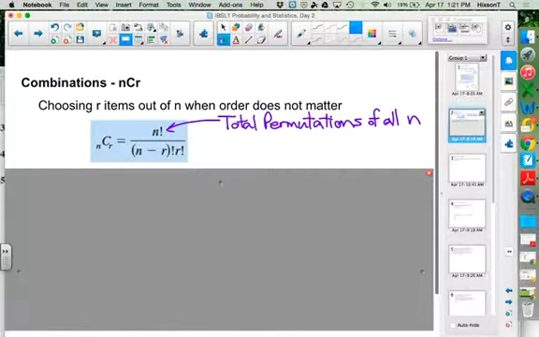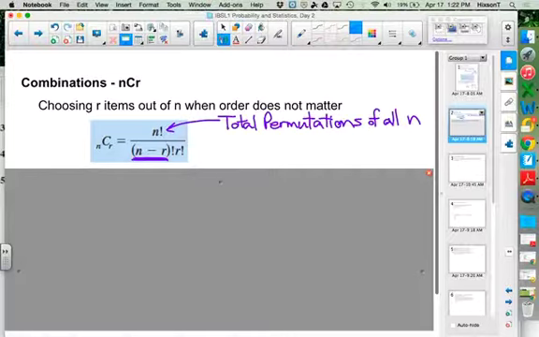Now, we said earlier today that the n minus r eliminated the permutations of the ones we didn't want. Because we only care about the first r of them.